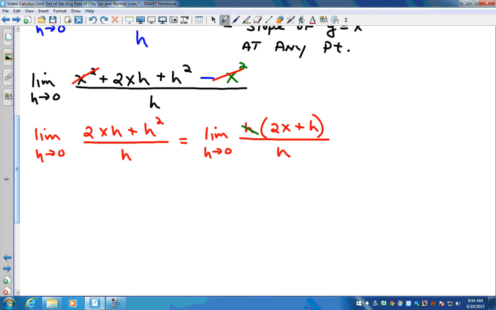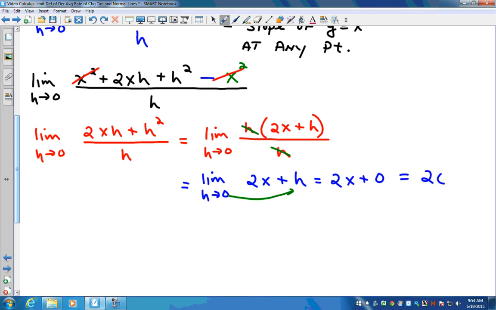I can cancel these h's. And now we're looking at evaluating the limit as h approaches 0 of 2x plus h. Now what if we plugged in 0 for h? Well, now I think we would have it, right? 2x plus 0, or 2x.